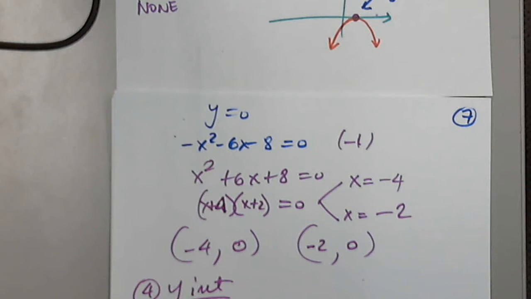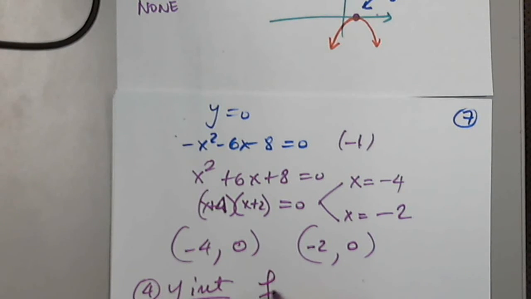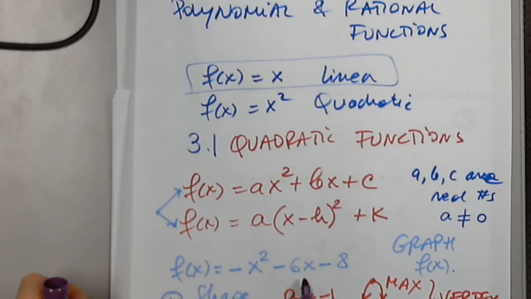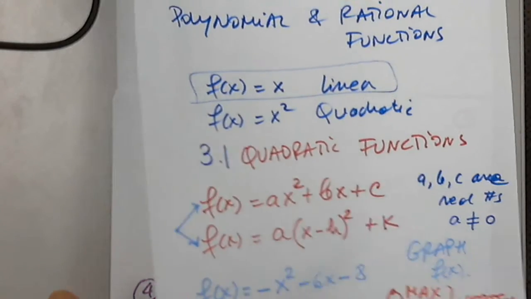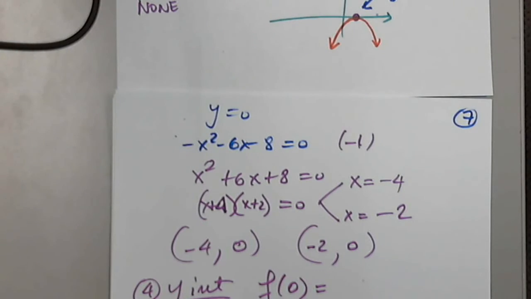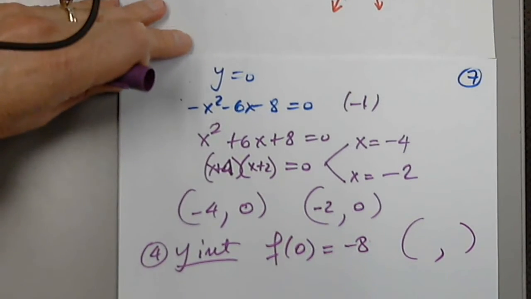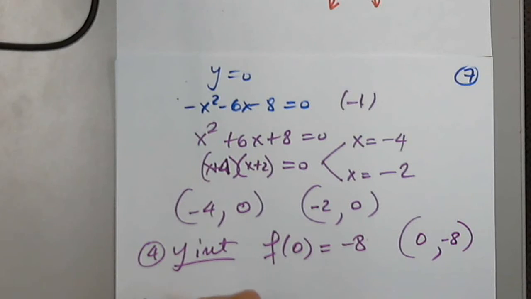Plug in x equals 0. Yes, so I have to find f of 0. That's not a big deal. How much is f of 0? -8. Thank you. What is the ordered pair? 0, -8. Perfect.